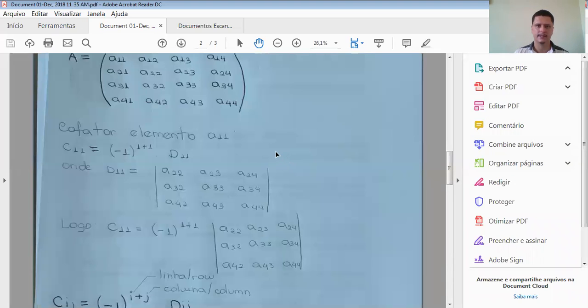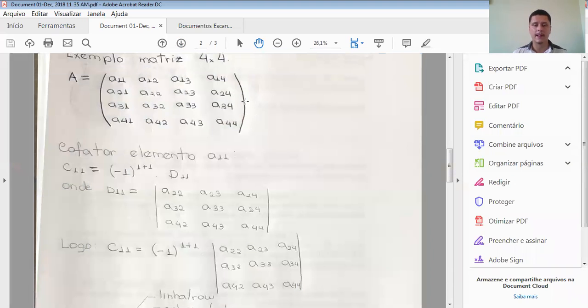Okay? Right. So having the cofactor, how do we calculate the determinant of a matrix? The determinant, and this is the most important line that I'm going to say today, the determinant of a matrix is the sum of products in which each product is the element of a specific line and its corresponding cofactor.